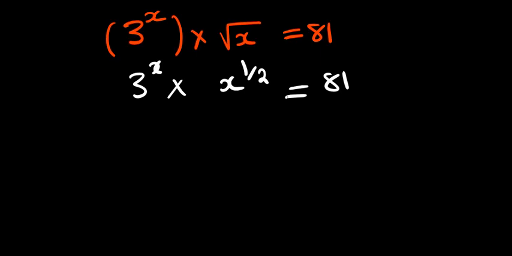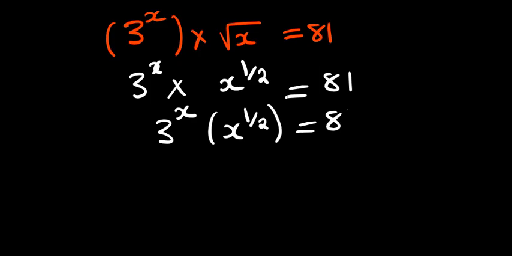Let's try. Why I'm asking is because this 3 to the power x is multiplying with x to the power half. So if I multiply, I'm going to have 3 to the power x, x to the power half is equal to 81.